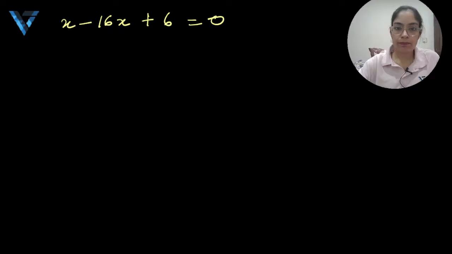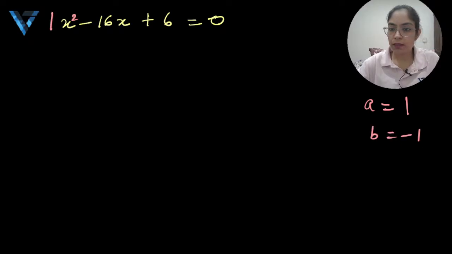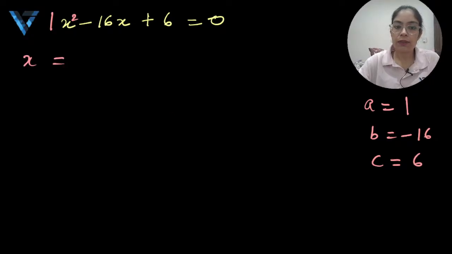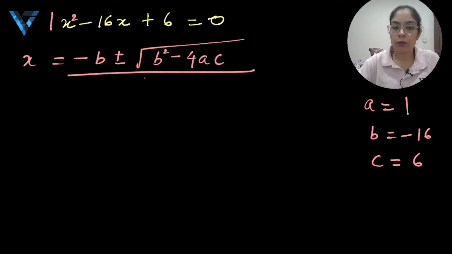It is a formula based question. In this question, A is 1. If nothing is written, that means it's 1. B is minus 16 and C is equal to 6 here. So the formula is x is equal to minus b plus or minus square root of b square minus 4ac by 2a.